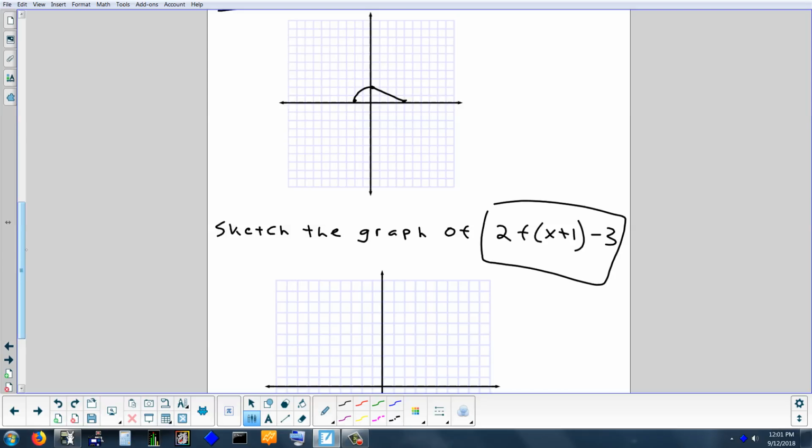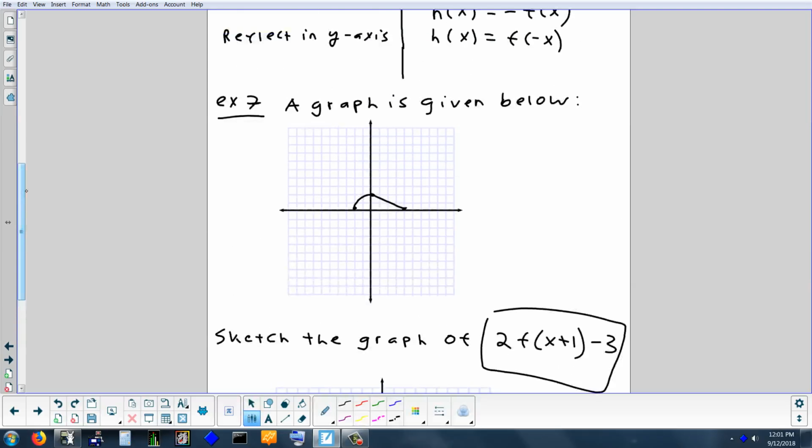So we're going to take all these points and just shift them left 1. So start by doing that. Okay? First thing.